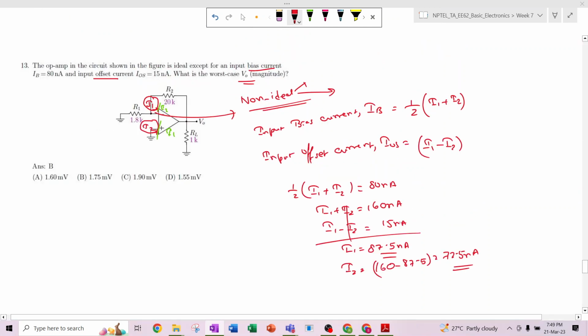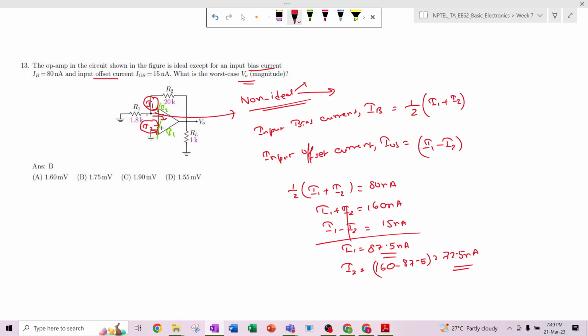So now what is happening? I1 and I2, and now this I2 is flowing through this and this I1. Suppose this I1 should flow through this op amp.